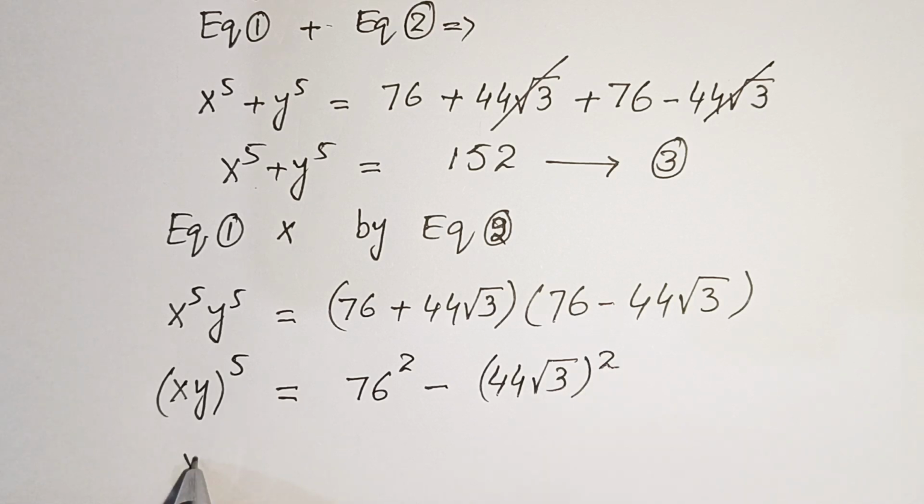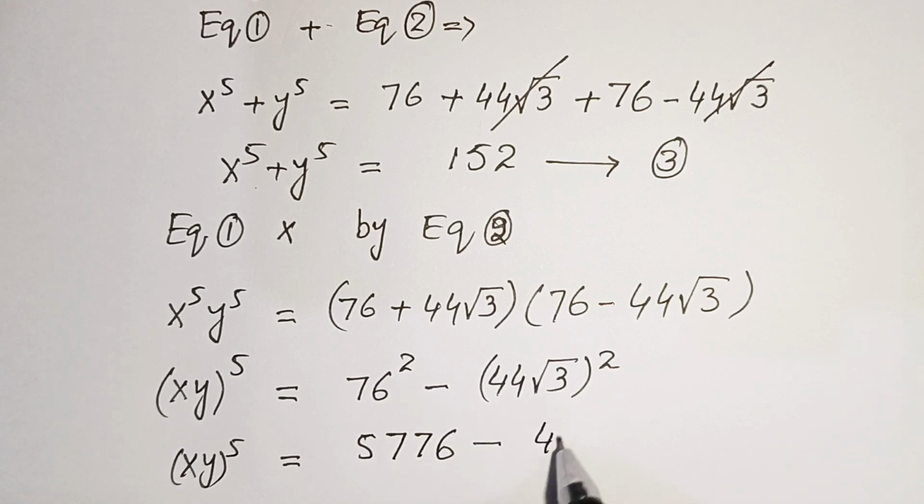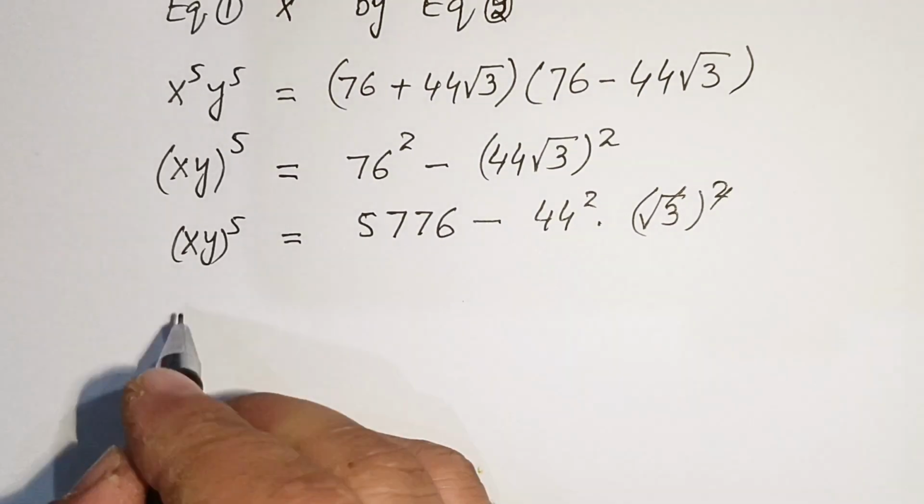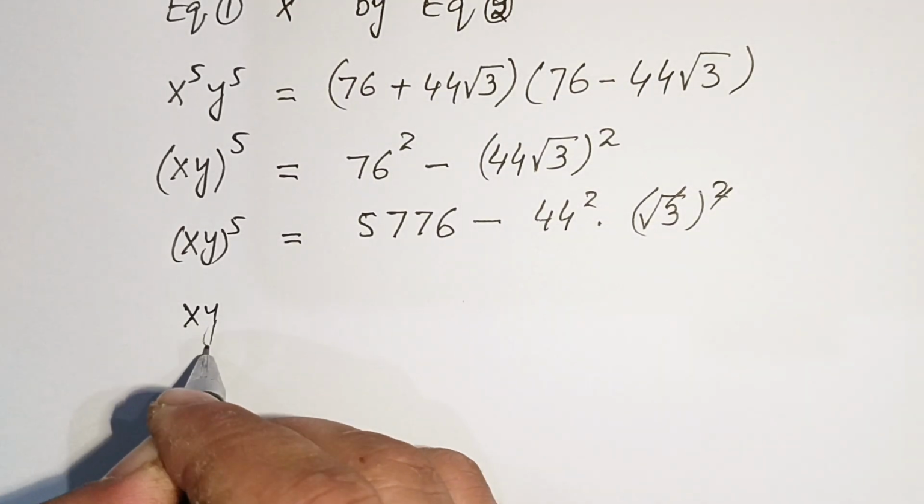So we have x times y whole to the power 5 is equal to 76 squared, which will be 5776, minus 44 squared times square root of 3 whole squared. So this square can be cancelled out with the square root.